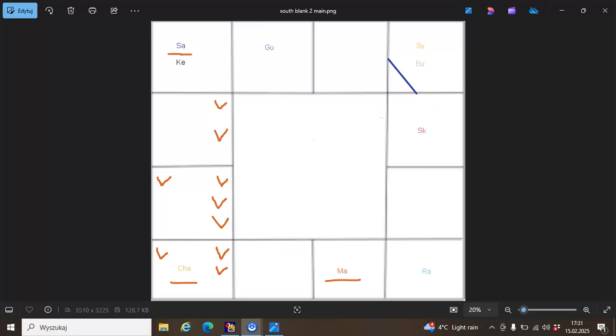Just give me a second, I'll clear what I drew here. I'm just reminding you that here we're always counting clockwise. Why are we counting clockwise all the time here? Here we get our Ketu.